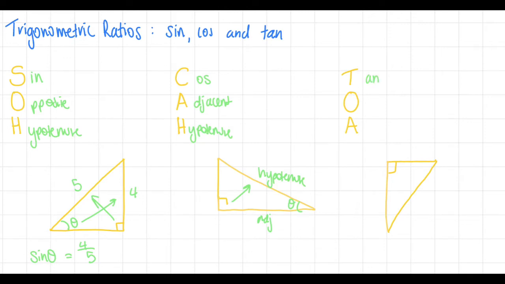And TOA stands for tan, which is the opposite over the adjacent. So taking this angle here, we know that the opposite is going to be this one because it's opposite the unknown angle, and the adjacent is that side.